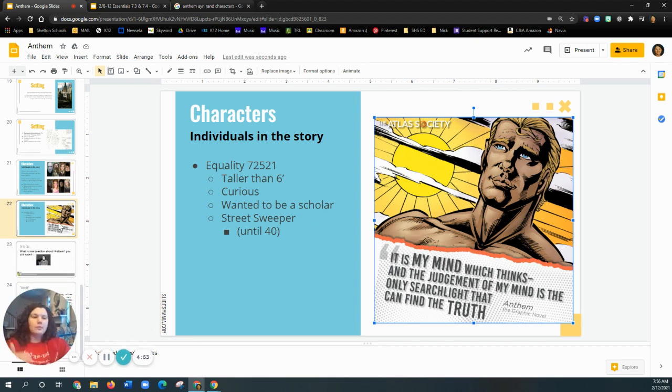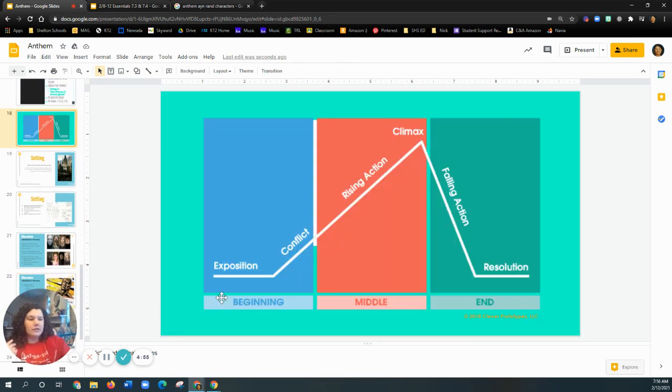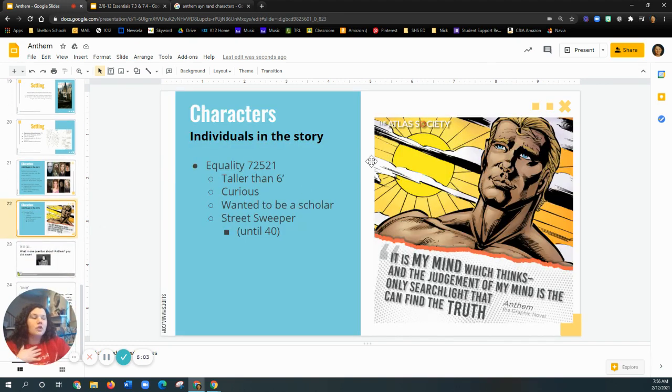Okay. Whenever we start a new story, these are the things that we focus on. What we're focusing on in the beginning is our setting and our characters, and then the conflict that happens from our characters. So we've been reading, and he says things like, we have committed a great crime.